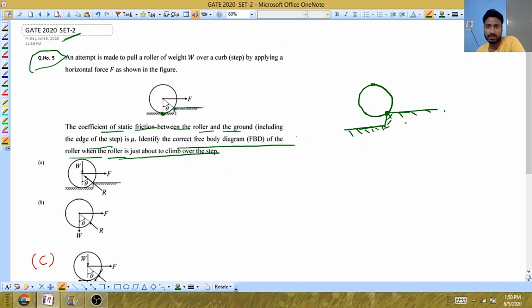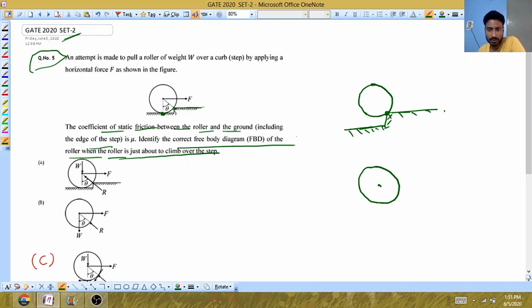Whenever you try to draw an FBD, you need to remove all the contact surfaces and include all the forces that are present. So I will remove all the surfaces, and now I will draw at this point, the center of this object.